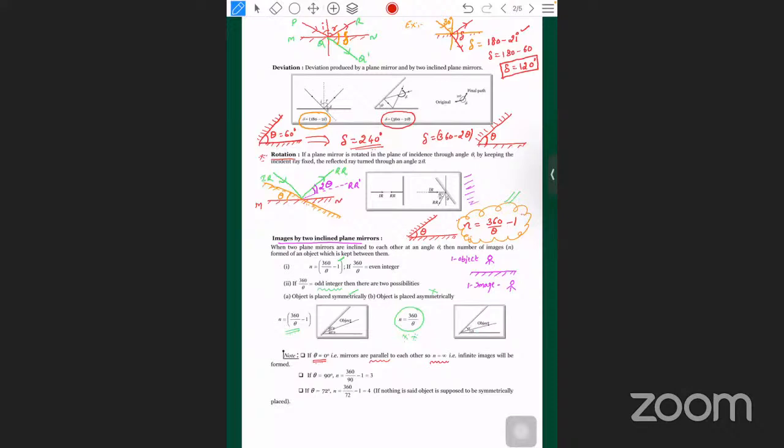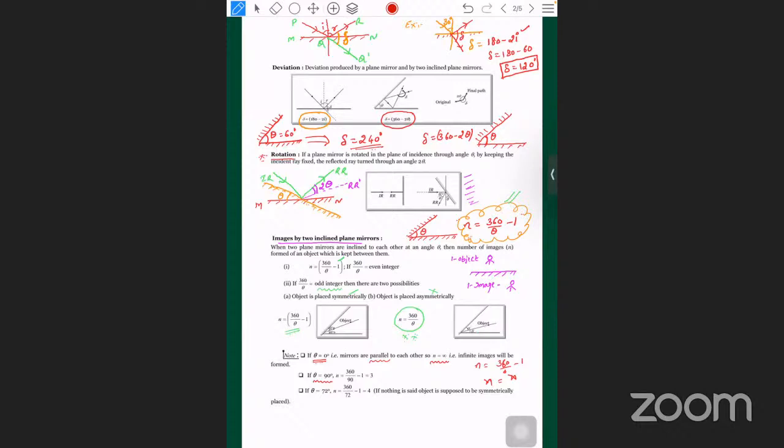Infinity, because n is equal to 360 by 0 minus 1, and 360 by 0 is infinity. So the number of images is infinity.